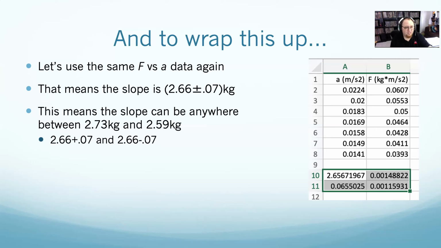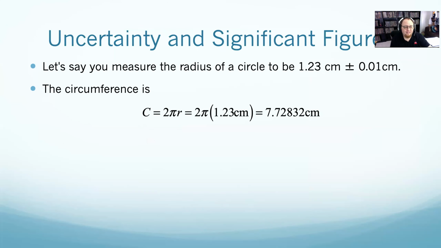Okay. So let's say you work with uncertainty. I already gave this example, and I actually said the equation for the circumference of a circle wrong when I did it before, because I'm an idiot. Let's go back to this idea. I said a cat go flying through the room. You measure the radius of a circle to be 1.23 centimeters, with an uncertainty of 0.01 centimeters.